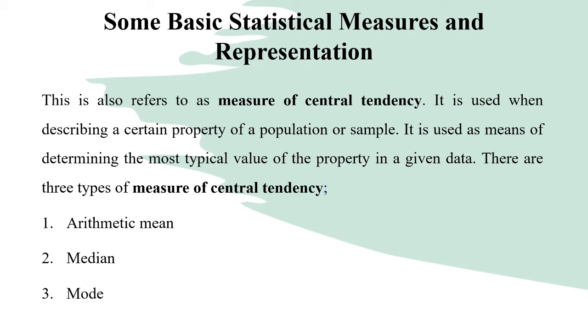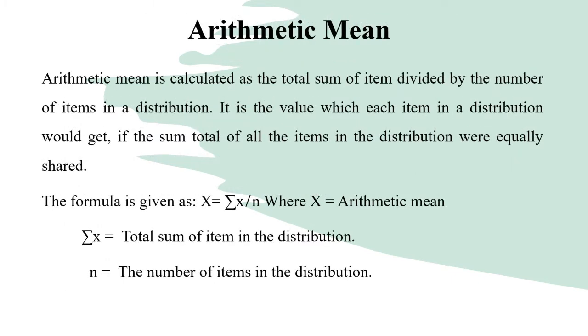If you want to know the age of a population that is most occurring or are many in the population, you use the mode. Arithmetic mean is calculated as the total sum of the items divided by the number of items in a distribution. Please don't be confused here.